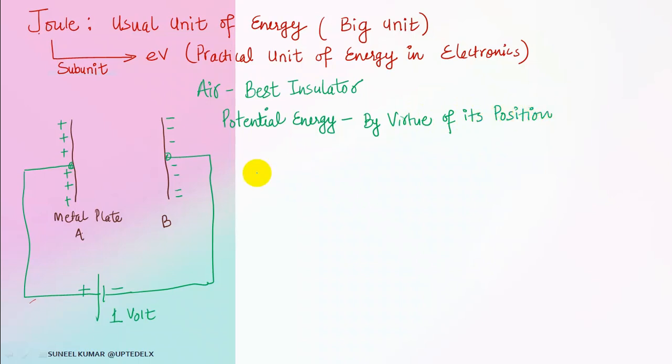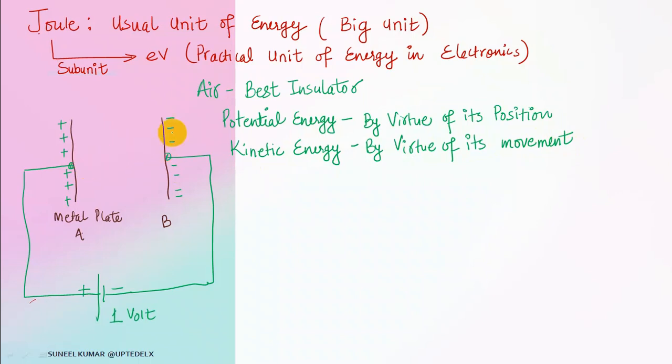And if an electron starts moving from metal plate B to metal plate A, then it will have kinetic energy. This is always by virtue of its movement. So we want to make movement of an electron from B to A.